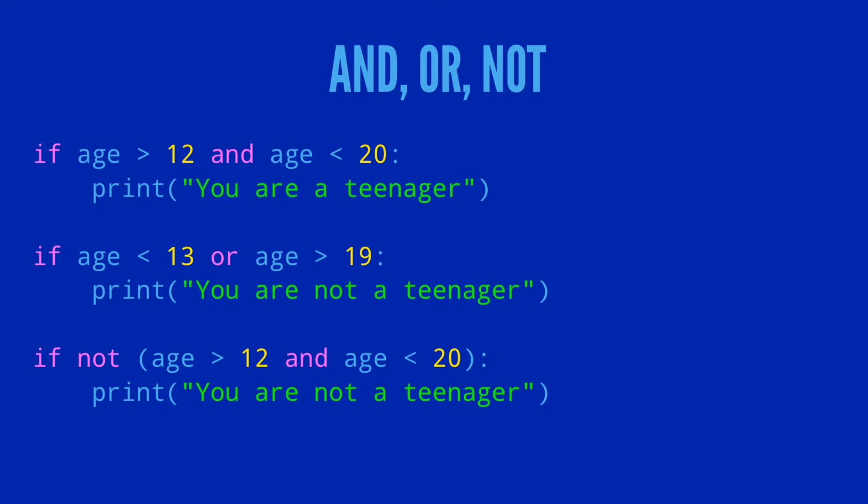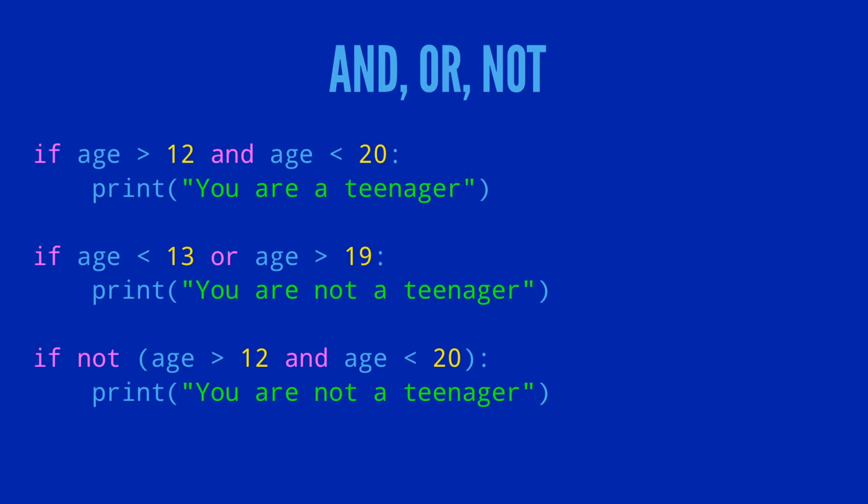But by surrounding it with a not, and in this case, we've just put some brackets around those statements just to make it clear that we want this entire thing to be flipped, we put not before that, and that negates the statement. So we're actually looking for people that are not teenagers.